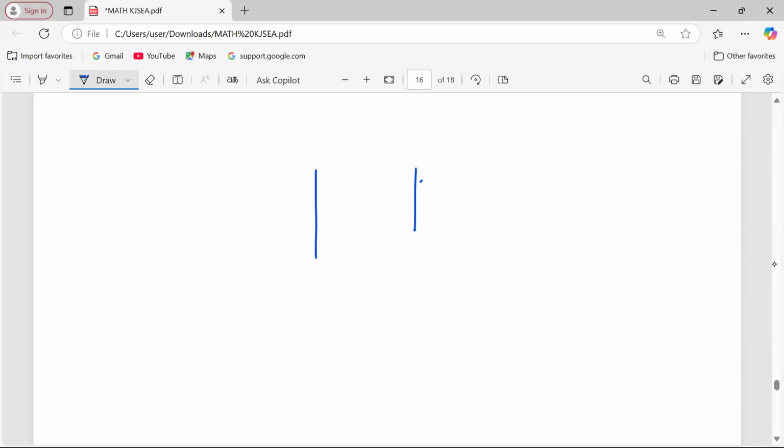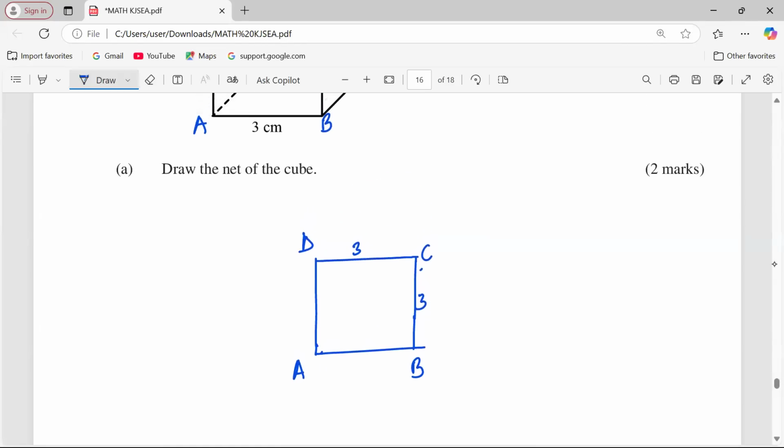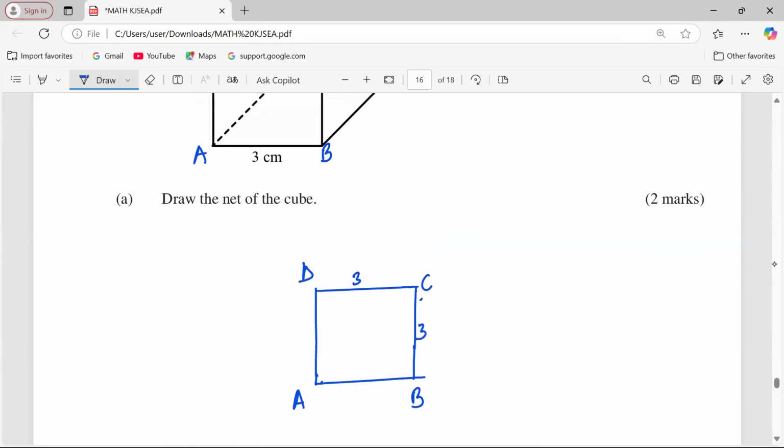3 by 3. So we'll be talking about A, B, C, D, 3, 3. The units here are centimeters. So using the measurement of 3 centimeters, now we are going to continue this way.